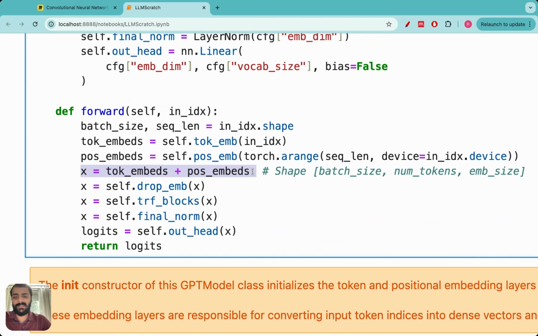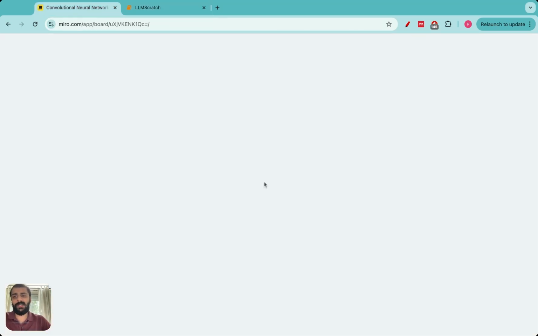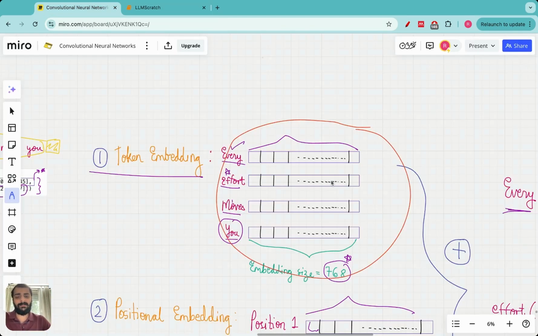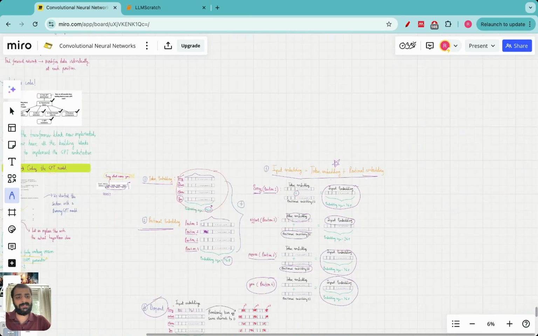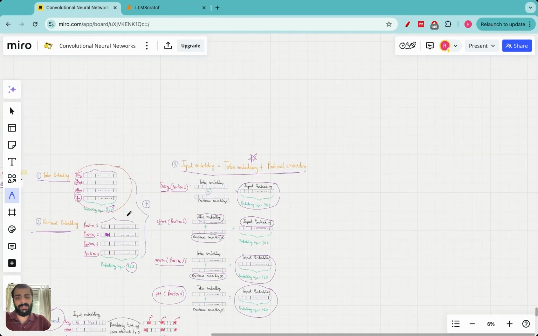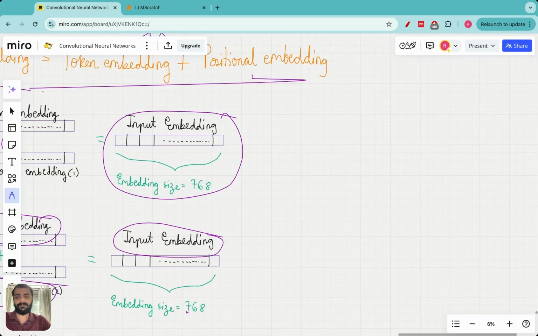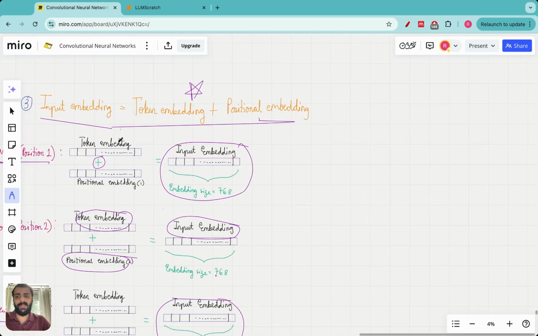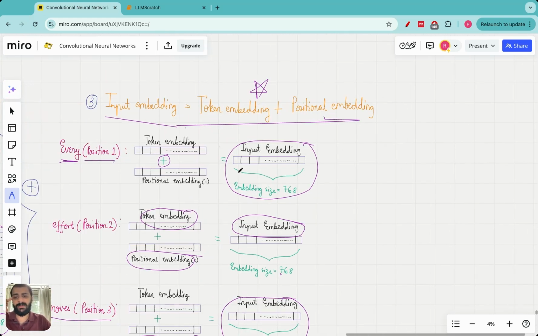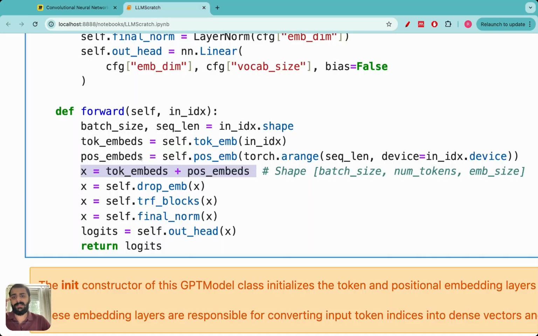And when you look at this x equal to token embeddings plus positional embeddings, you can try to visualize this part which we saw. We added the token embeddings to the positional embeddings right over here. So for every token, we added the token embeddings and the positional embeddings to get the input embeddings. That's exactly what I've written in the code over here.